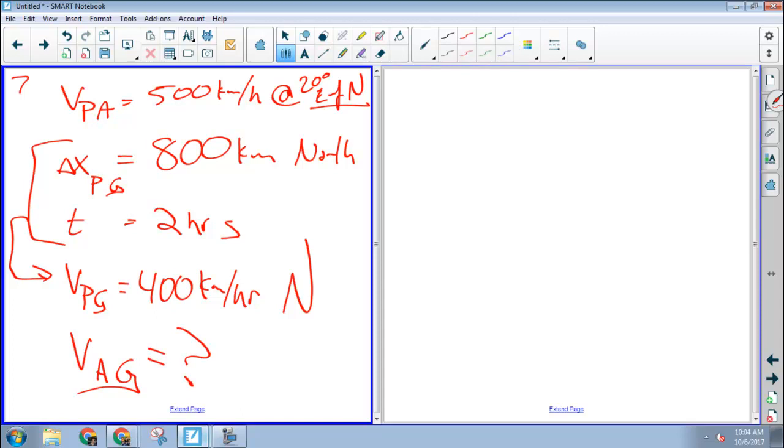Cool? All right, so here's the deal. This is what I did not do a great job prepping you guys with on the notes. I stressed the importance of this equation, which is why it's been on the board for the last 3 or 4 days. What we want to do is write an equation using these variables that looks like this. In helping people, one of the things I've discovered you can do is this.